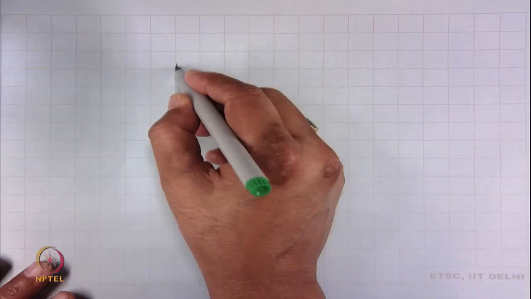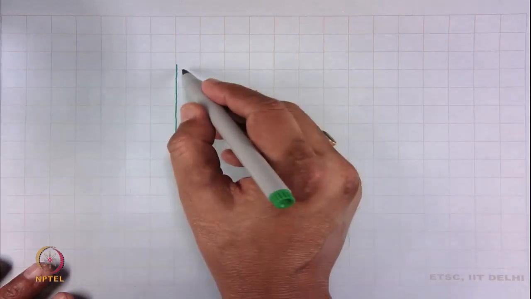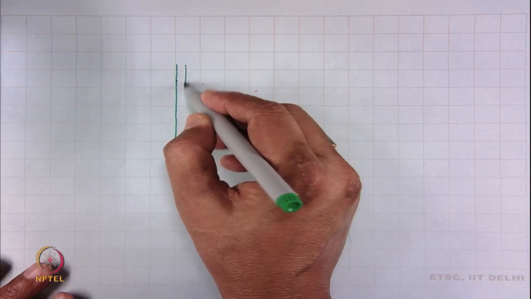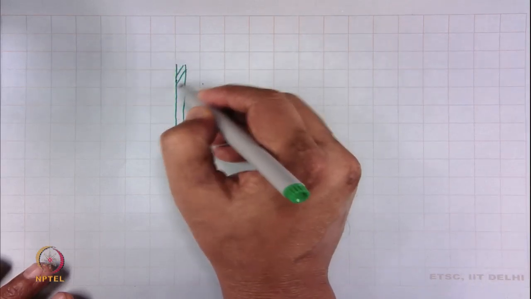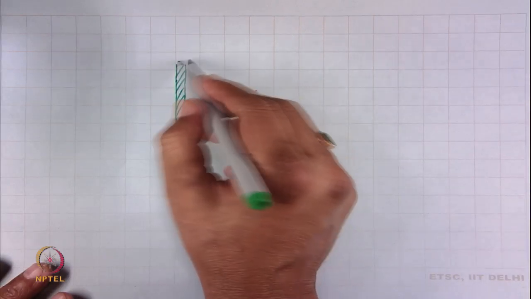Now, this is one fabric surface. It has yarns, so this is a fabric surface made of surface yarn.